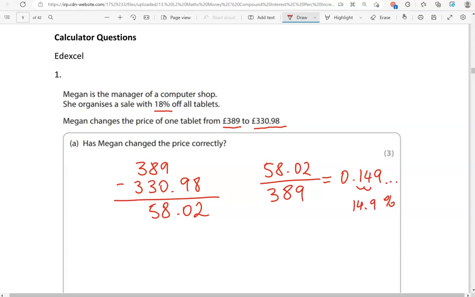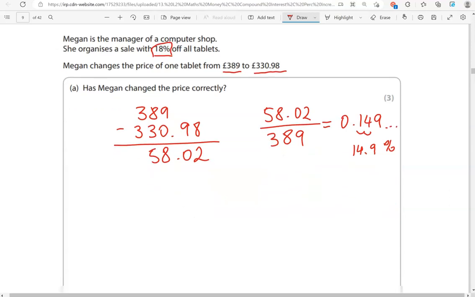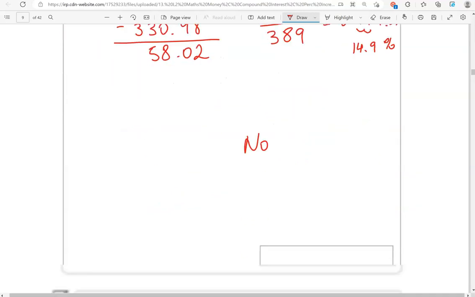So by multiplying this by 100, the 0.149 that is, gives us 14.9%. And that is much lower than 18%. So no, she hasn't changed the price correctly.